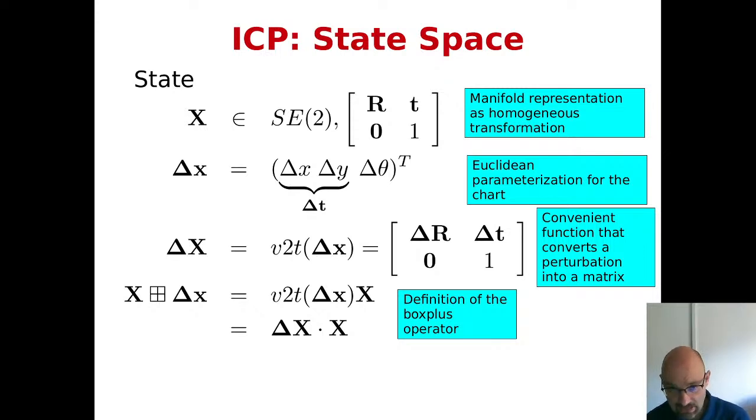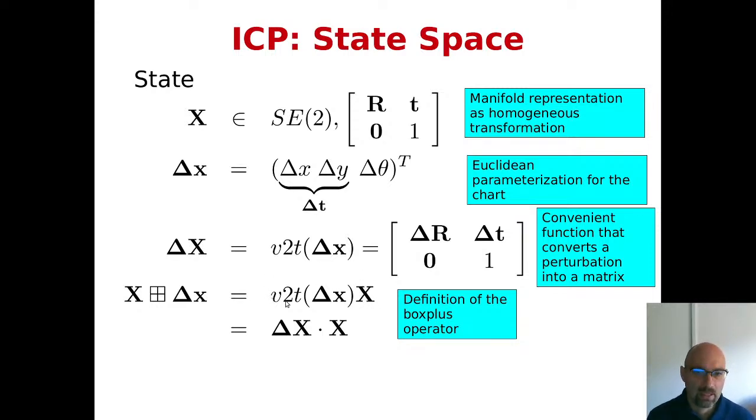Okay. Then, if the perturbation is zero, this becomes the identity. So the condition for the perturbation is satisfied, because then the next step will be to multiply this perturbation to the original matrix.